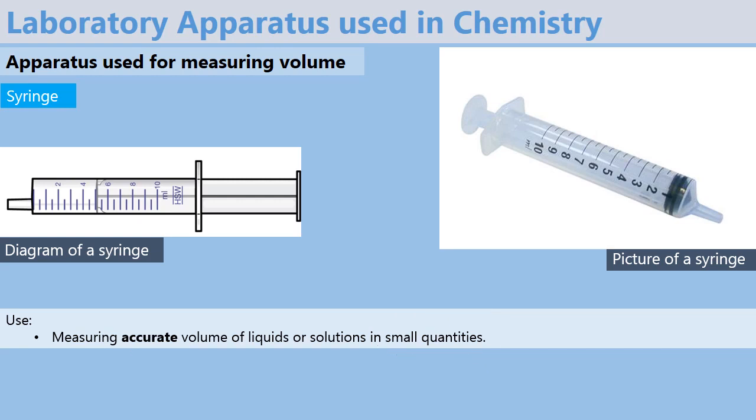And therefore, for instance, this picture of a syringe here can measure accurately between 0 and 10 milliliters. The same applies to the diagram. The diagram represents a syringe that can measure up to 10 milliliters. I'm sure you know it's very easy to read a syringe.